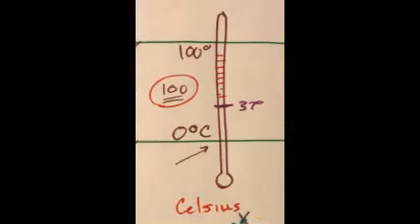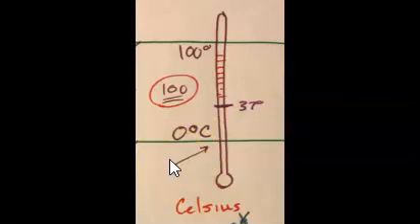But somebody else came along, and this scientist's name was Andreas Celsius, and he decided that water is going to be 0, which kind of makes sense, right? Let's call that the coldest that can get. But we also know that we can get colder than 0 degrees, right? 5 degrees below 0, for example.